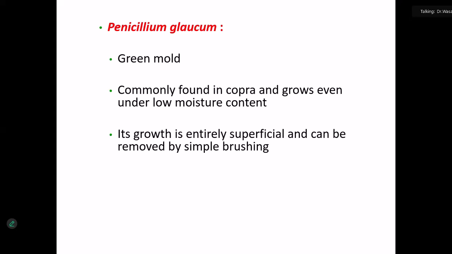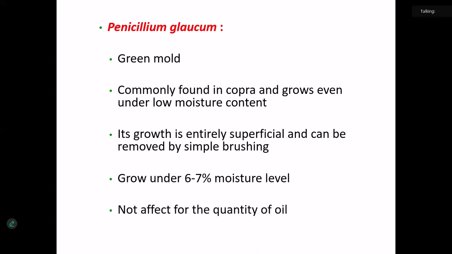You can remove it by sweeping or simple brushing. If you take the copra, the fungus is on the outer layer, so you can brush it off. Not much harmful. Even at 6 to 7% moisture it can grow, but it does not affect quality.